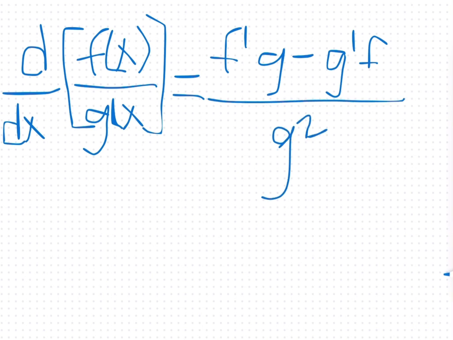The derivative of f of x over g of x is equal to f prime times g minus g prime times f, over g squared.